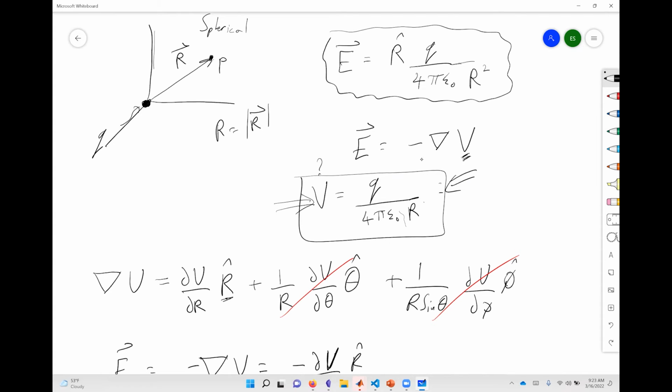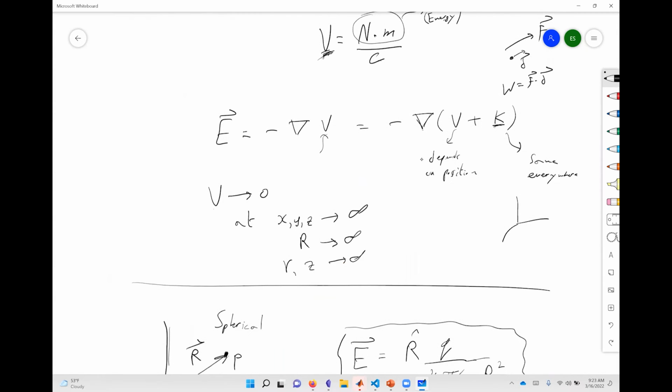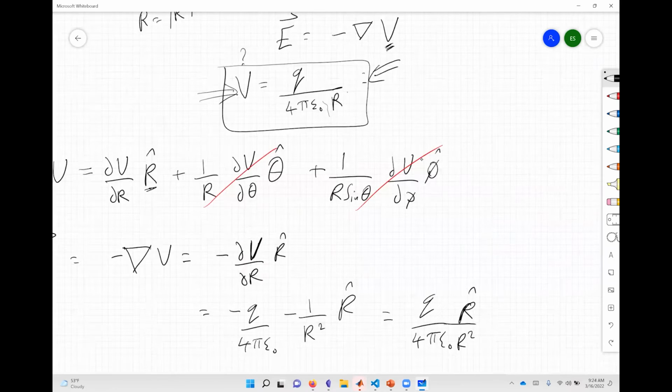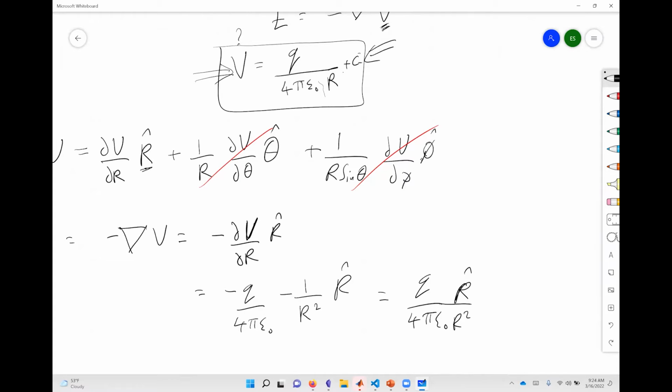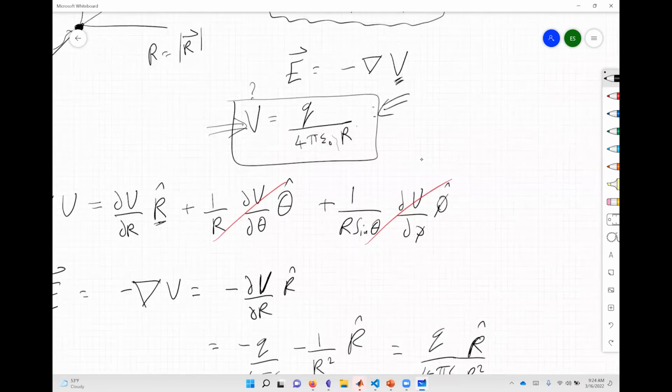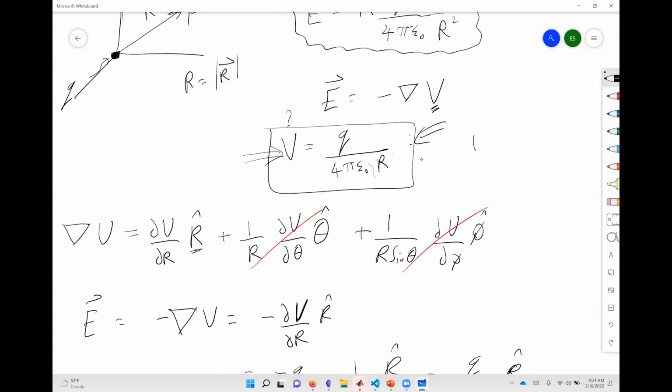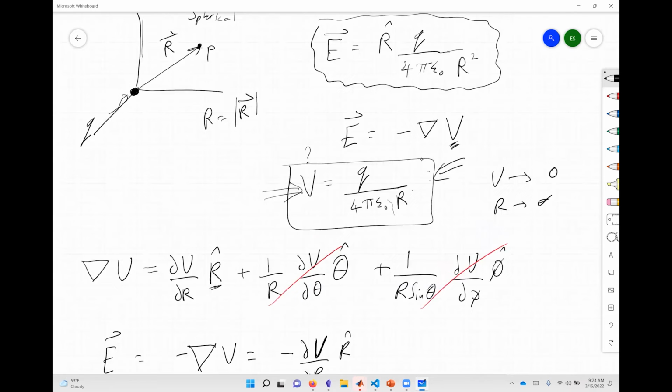But the second thing we said is we want to follow the convention that V approaches 0 as the distance goes to infinity. So do we have to add some constant such that V approaches 0 as the distance goes to infinity? No, because this expression naturally approaches 0 as r goes to infinity, right? So it occurs naturally in this expression.